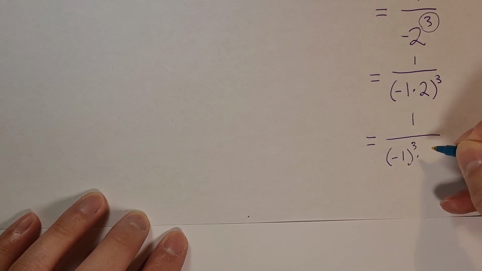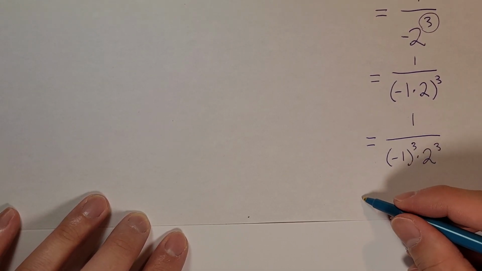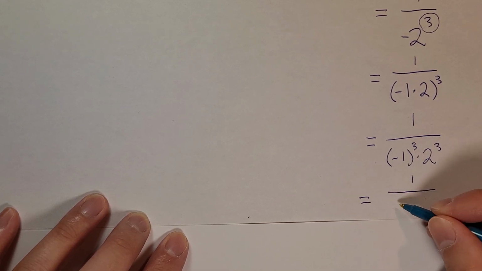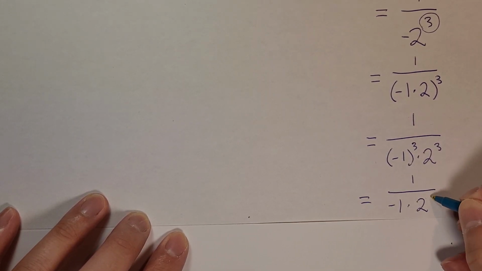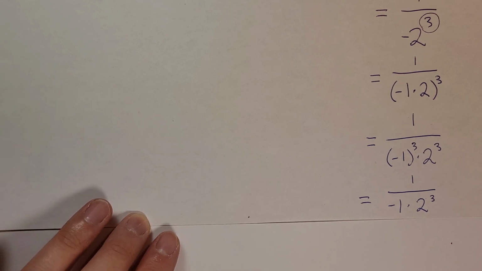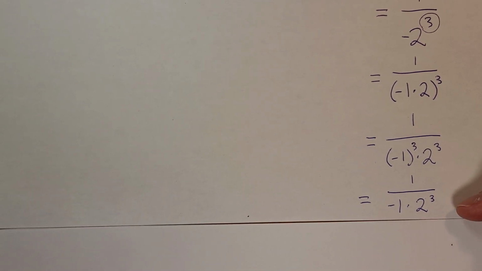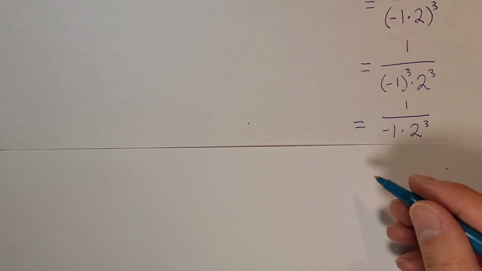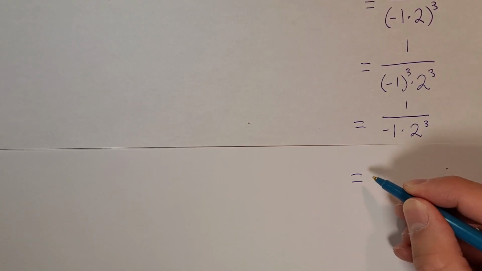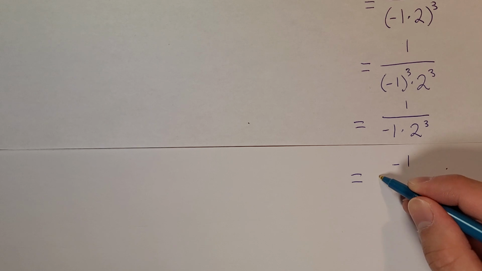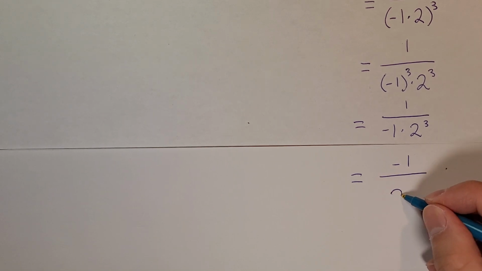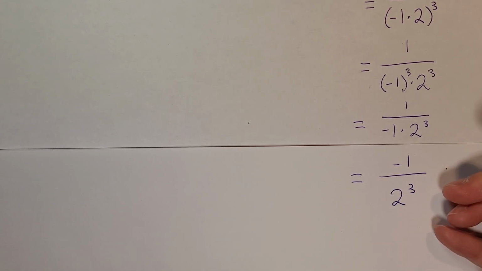First I write this. Then I write this. Now I multiply the bottom and the top of this fraction by minus 1. And what I get here is minus 1 over 2 to the 3.